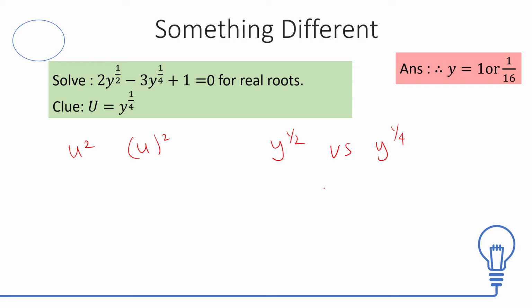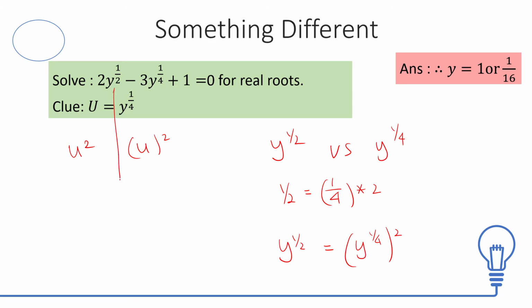So how do I get my 1 over 4? Actually we know that 1 over 2 actually is 1 over 4 multiplied by 2. So when I write my y power 1 over 2, actually it is y power 1 over 4, multiplied 2.